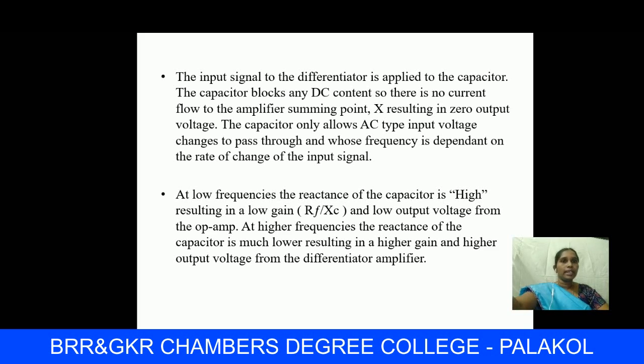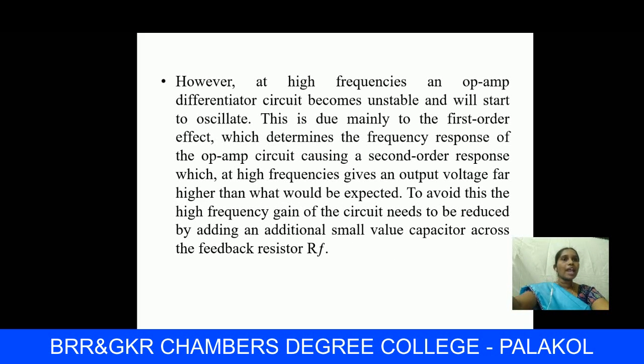Okay, so here the high frequency op amp differentiator circuit becomes like an oscillator. This is mainly determined from the frequency response of the op amp circuit, causing a second order response.